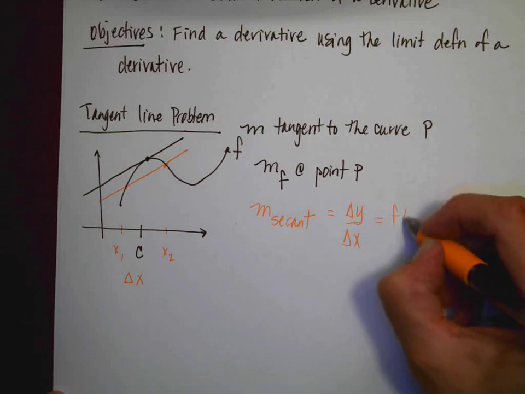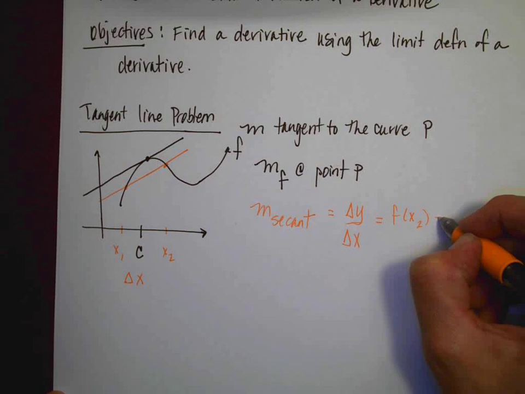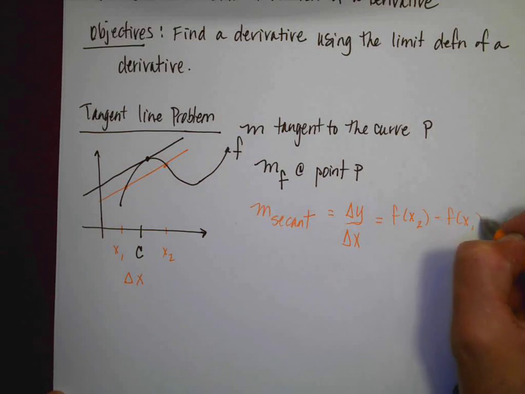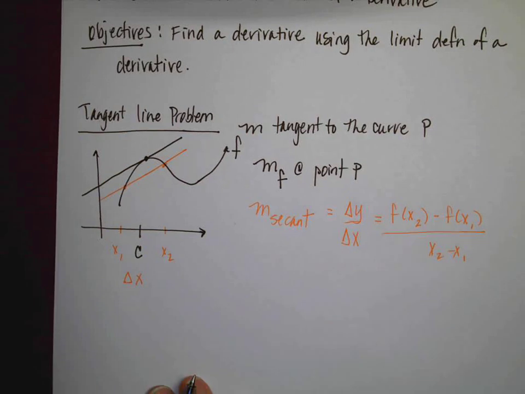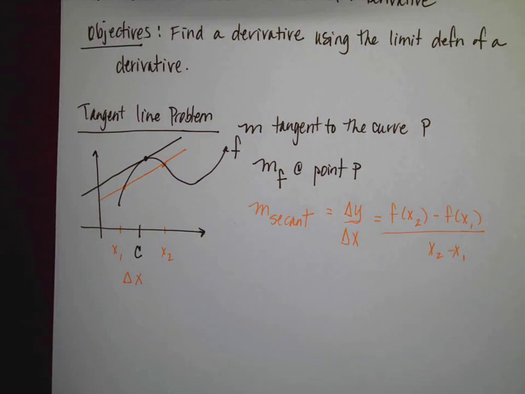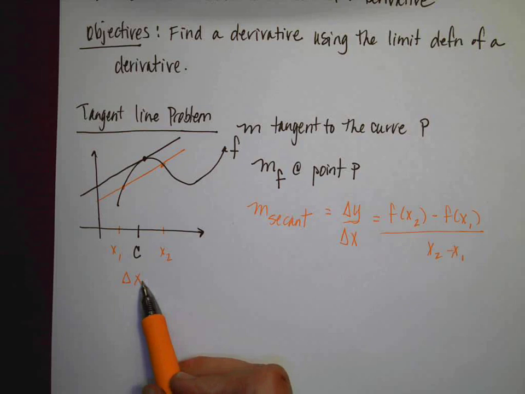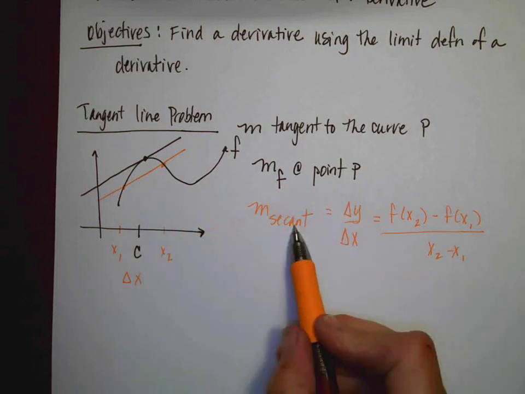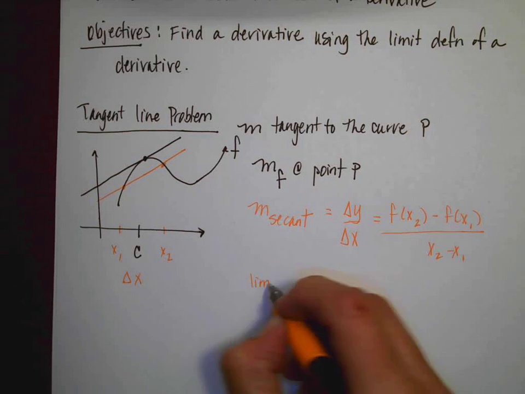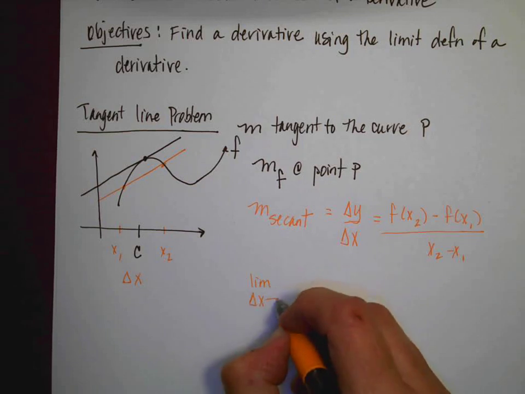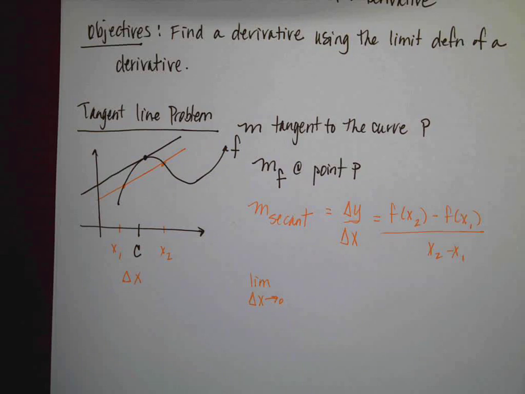That would have been f of x sub 2 minus f of x sub 1 over x2 minus x1, right? So I can use the secant line, and I want to take the limit as delta x goes to 0.